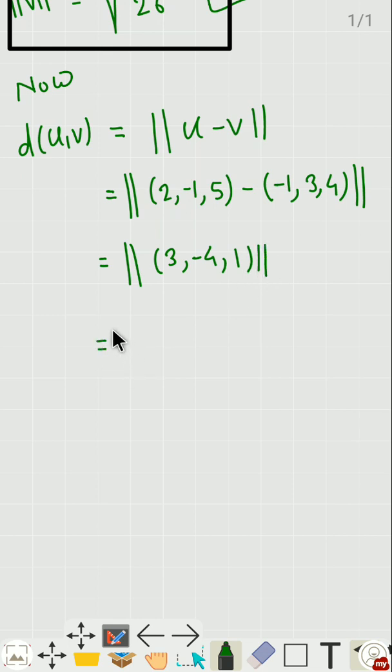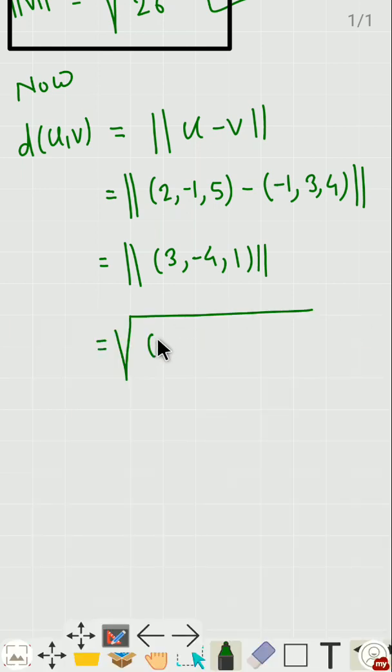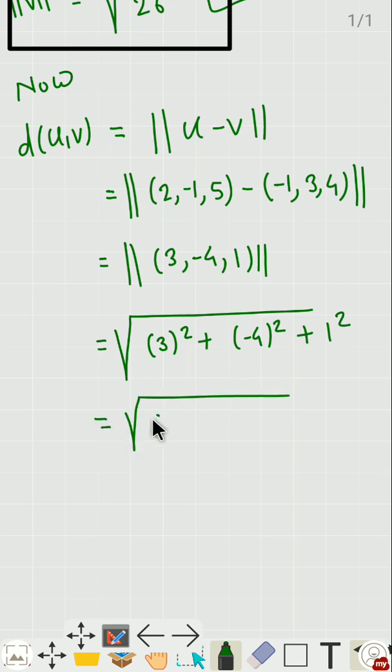It is equal to the square root of 9 plus 16 plus 1, which is the square root of 26.